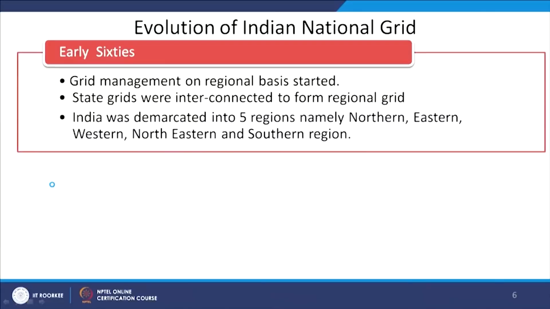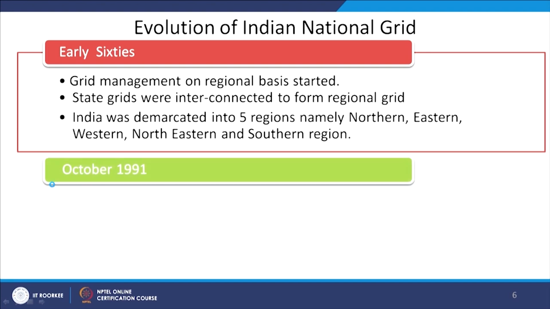Now, looking at the Indian national grid, a quick glance: in the early 60s, grid management on a regional basis started. State grids were interconnected to form regional grids. India was demarcated into 5 regions, namely northern, eastern, southern, western as well as northeastern regions.